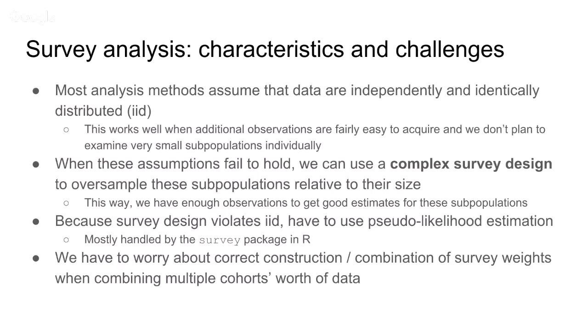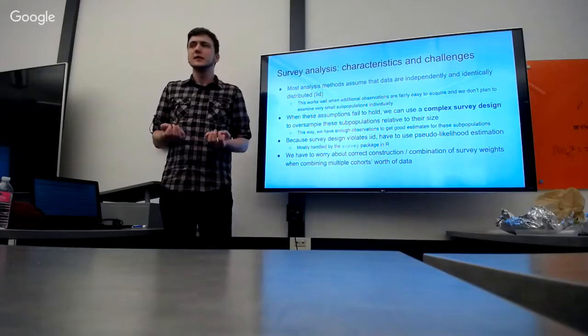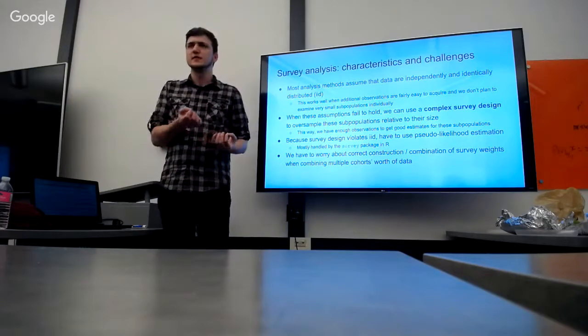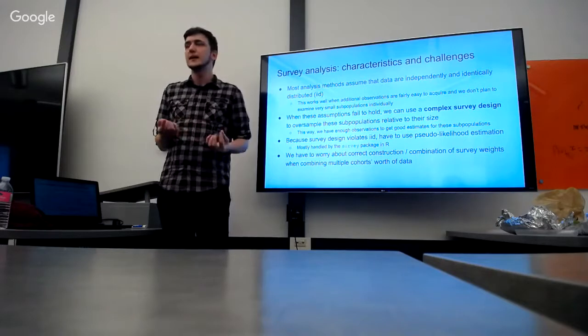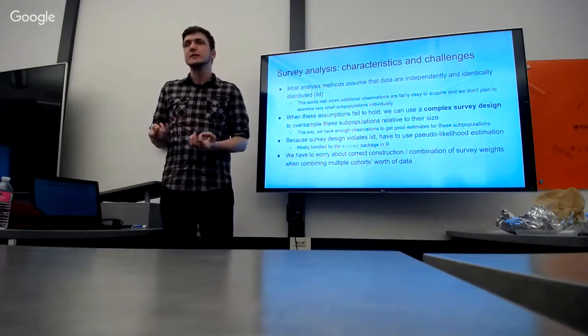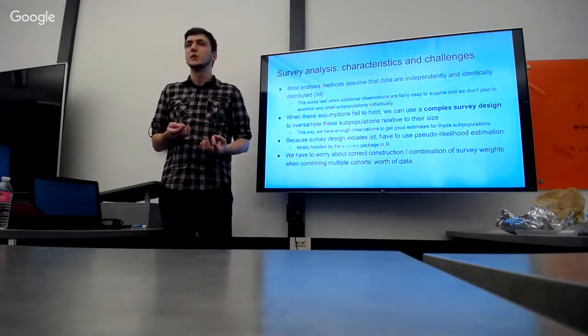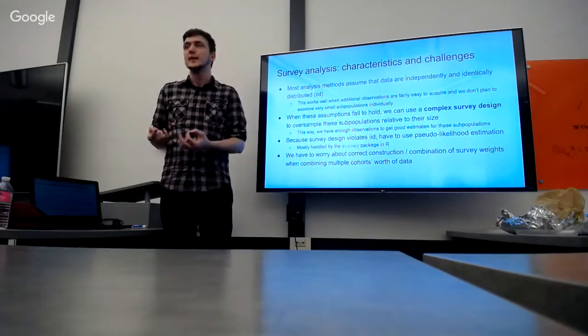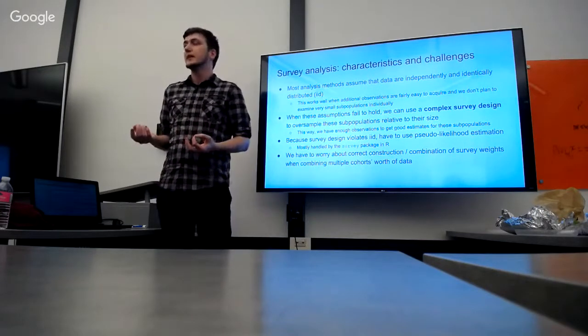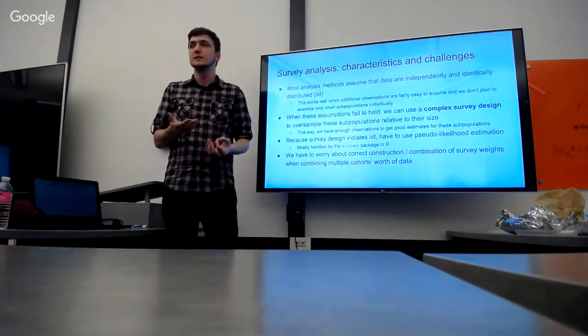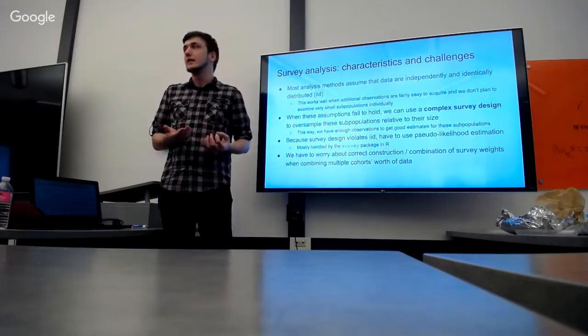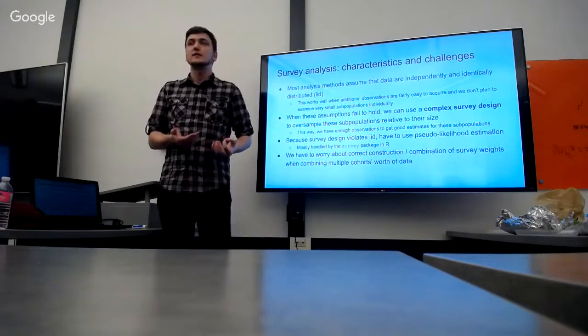So if there's a certain subpopulation that you really care about, maybe elderly Hispanic women, because there's research out there that says that elderly Hispanic women are extremely at risk to some factors. You know, people are going to want to use NHANES to look at elderly Hispanic women. Then you can oversample elderly Hispanic women relative to their size in the population, and that gives you greater statistical power.